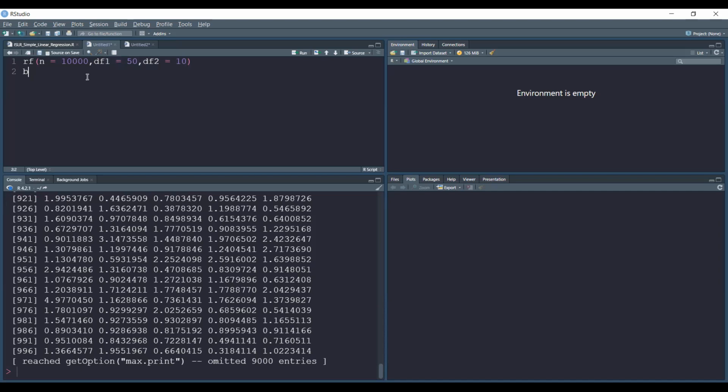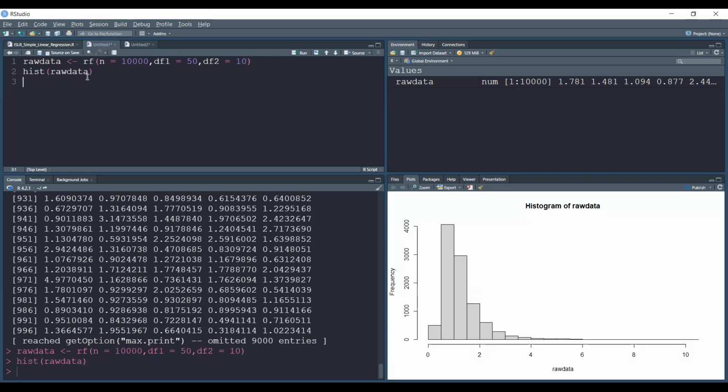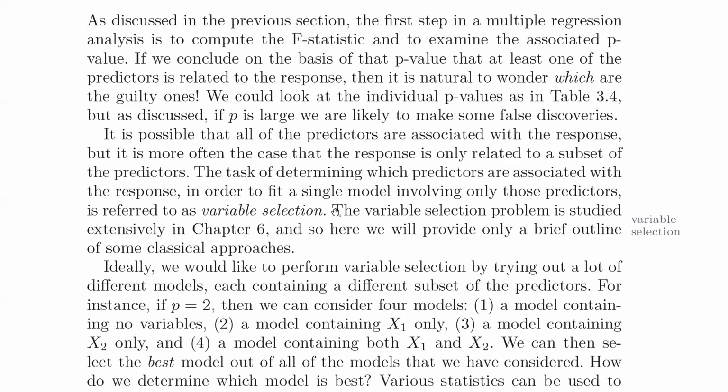You could look at a histogram, but we first need to save, just like raw data. Now we can do a histogram. So that's your F distribution. There is a way of calculating, for example, the 95th quantile. And that will give you your cutoff for confidence intervals.